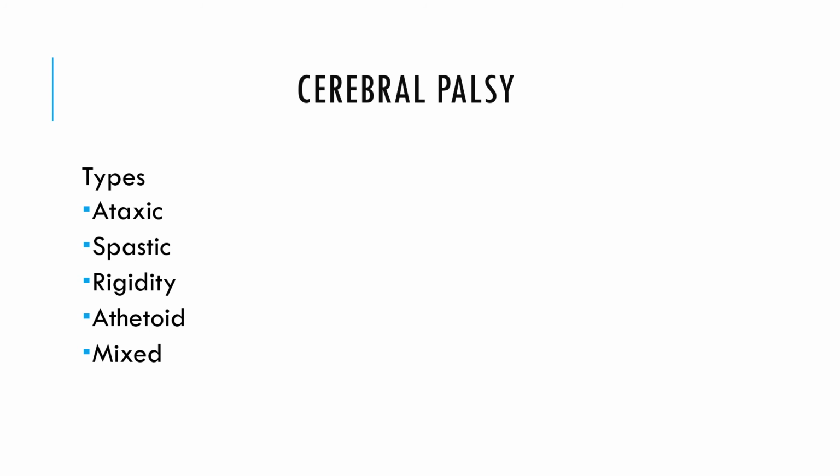They have rapid involuntary muscle contractions and relaxation. Rigidity is rigid posture and a lack of active movement. Athetoid is constant involuntary worm-like movements that diminish during sleep, and they can affect the face, which means you can see drooling with these. You can also have mixed, which is a variety of all of the above.